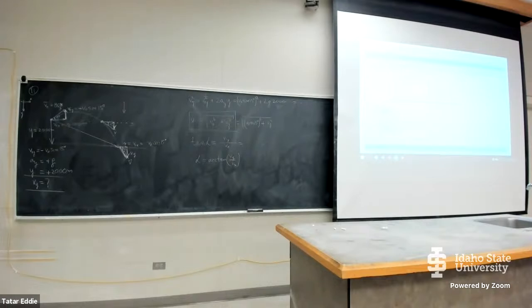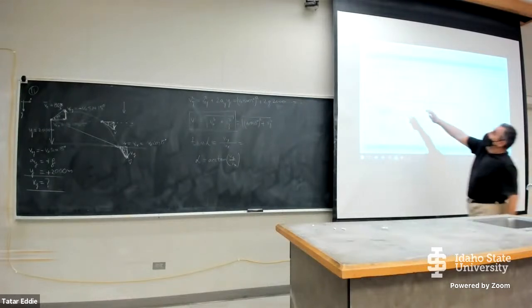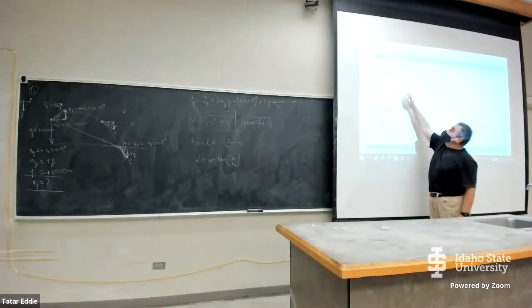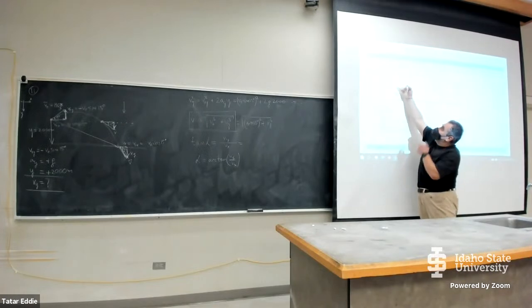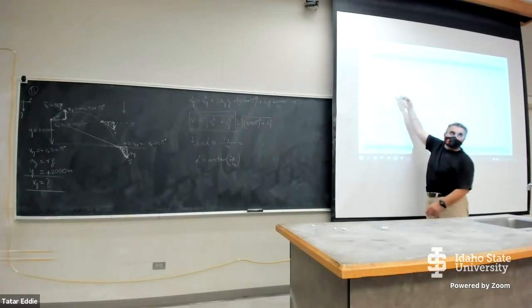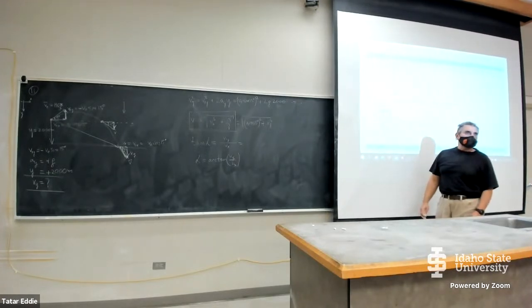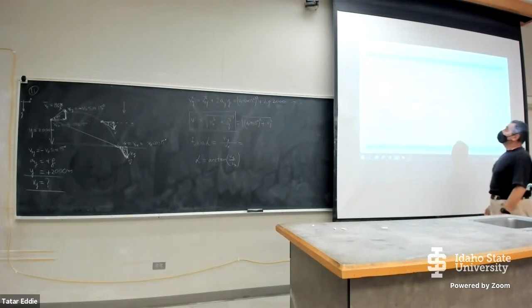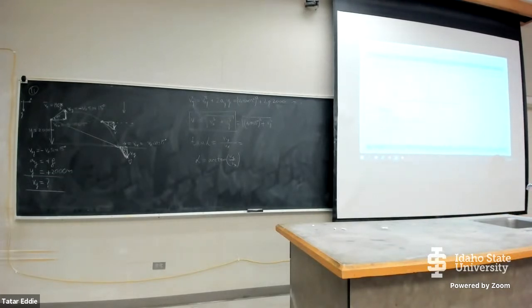What is good here is that you have a good diagram here. Here is the launch velocity, tangential to the trajectory, launch angle, components of the launch velocity are shown. I usually draw the vertical component here, but it doesn't matter where you draw it. It is a very good diagram.